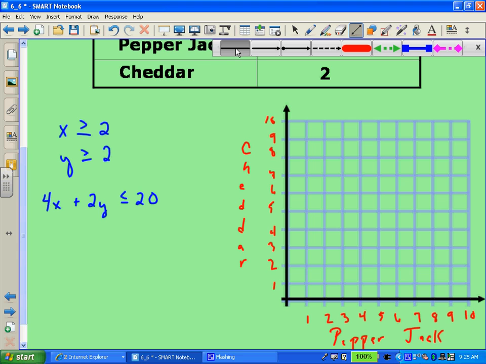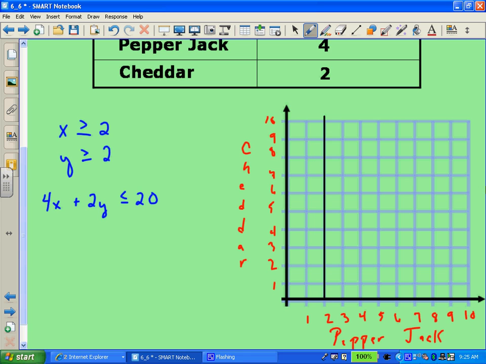So I need a vertical line. It's going to be solid because it's greater than or equal to, a vertical line at 2. And since it's vertical, greater than or equal to means it gets shaded to the right.